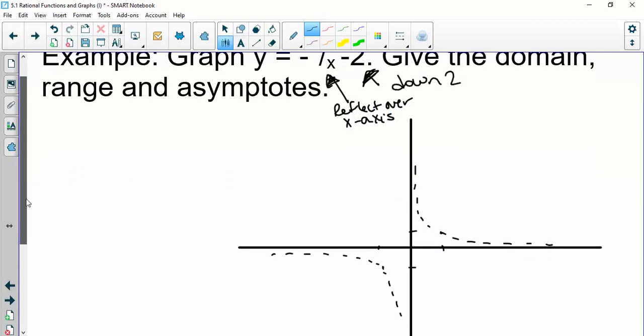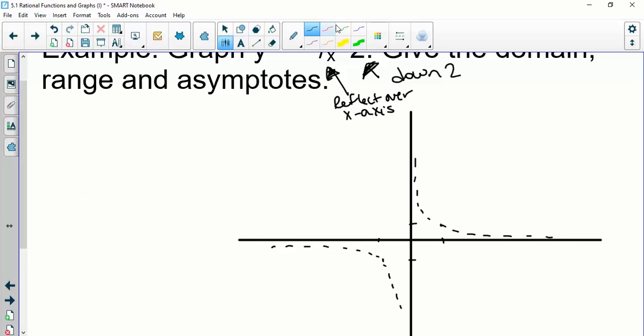Okay, so if I move down 2, which asymptote is getting moved? The horizontal one. So it was at 0. You go down 2, it's now at -2. Does the vertical one get moved?